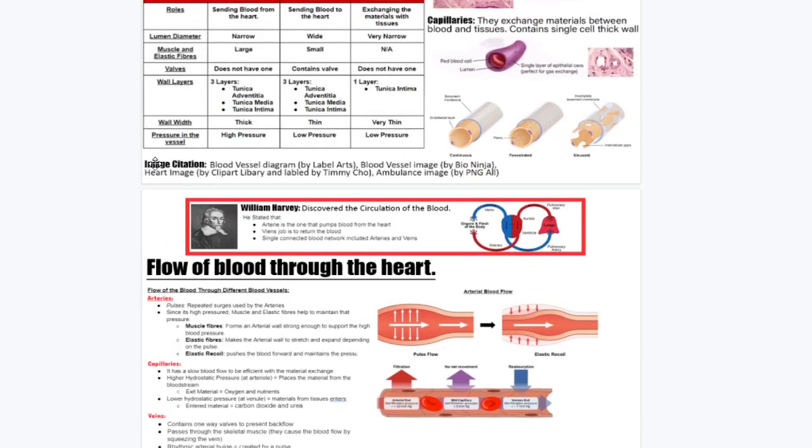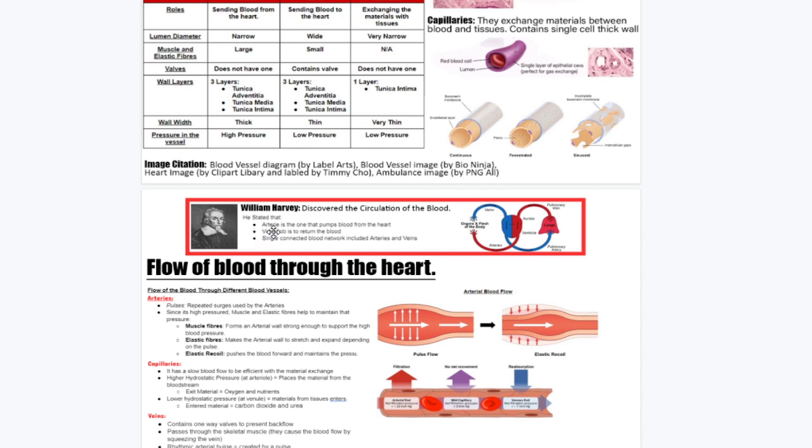And moving on, before talking about the flow of blood through the heart, the basic mention of William Harvey, who discovered the circulation of the blood, is stated here, and his theory is that the veins' job is to return the blood, and there's a diagram explaining that.